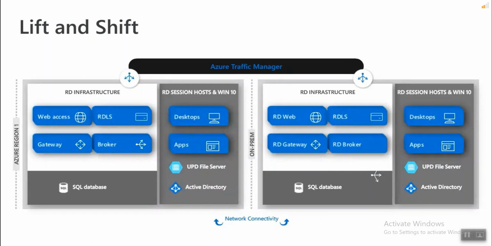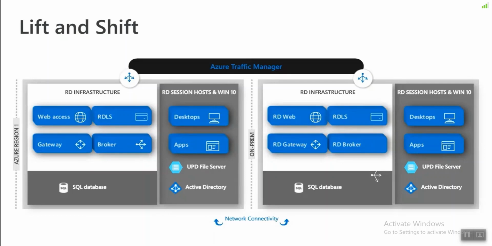A lot of times the lift and shift method using ASR is used as a high availability disaster recovery kind of scenario wherein you recreate every single component that you have on-prem on Azure, but then operate it in an active passive mode. But this is actually one of the ways that you're going to be doing your migration.